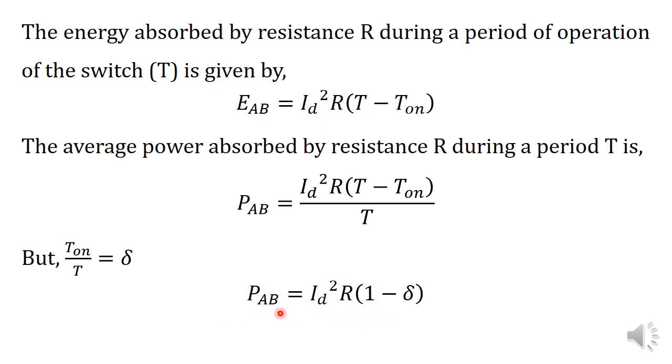So we can see that the equation for power absorbed by any resistance is I square R. That means ID square into this term, R into (1 minus delta), gives the effective resistance across the terminals A and B that we have seen in the circuit.